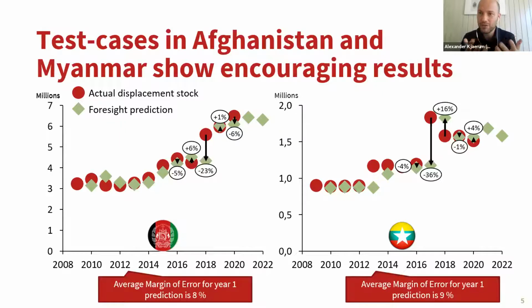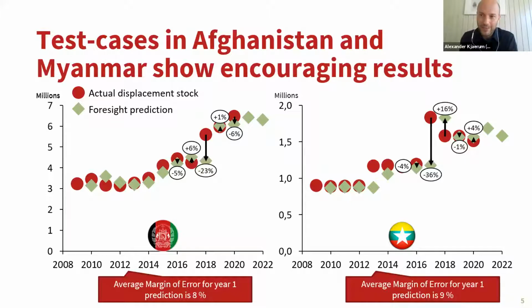So it tends to be conservative. And as you see, the Rohingya crisis in 2017, the model didn't come close to predicting that. And that's a very important limitation, because it's especially in those situations that you would like these models to be able to forecast the more unforeseen events.